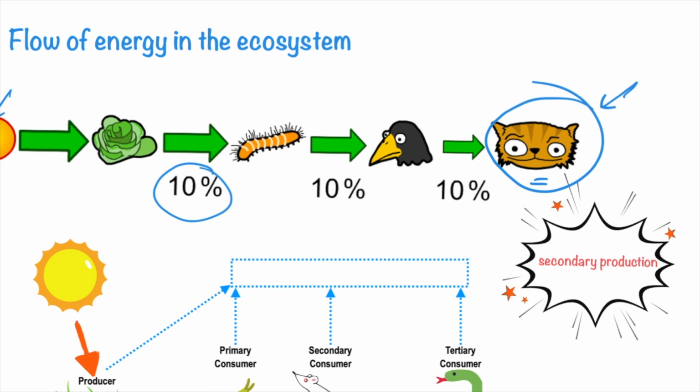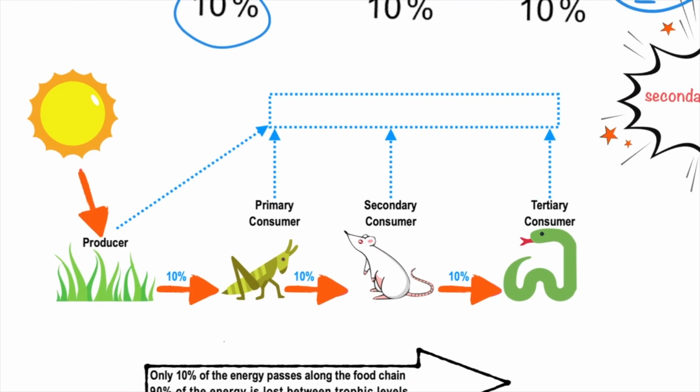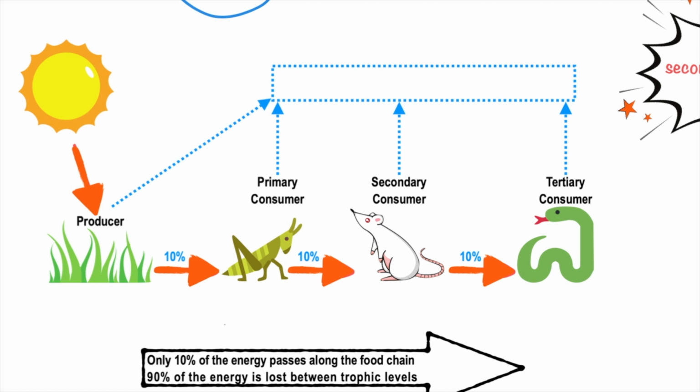So for instance, why do we lose a lot of energy among those consumers here? There are many reasons. Consumers continuously lose energy because consumers usually are animals. They lose energy due to movement. That's a lot of waste of energy. Respiration, just like plants. And excretion.